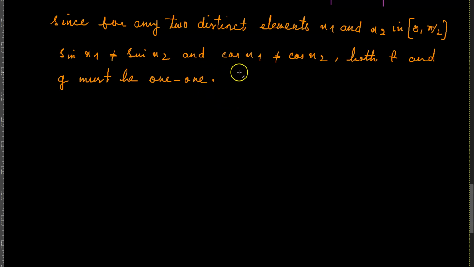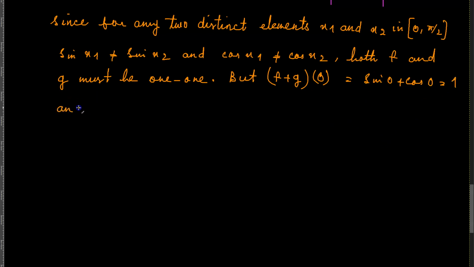But f plus g of 0 is equal to sine 0 plus cos 0. Now sine 0 is equal to 0, cos 0 is equal to 1, so that is equal to 1.